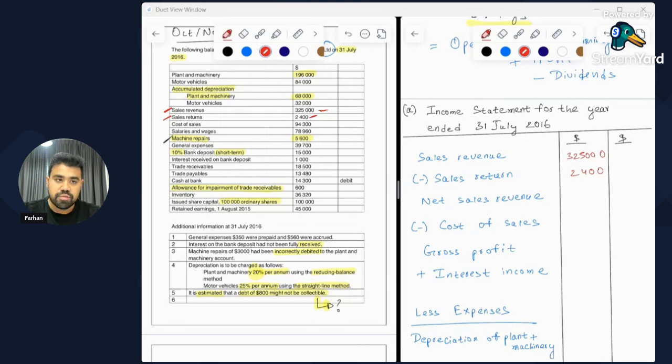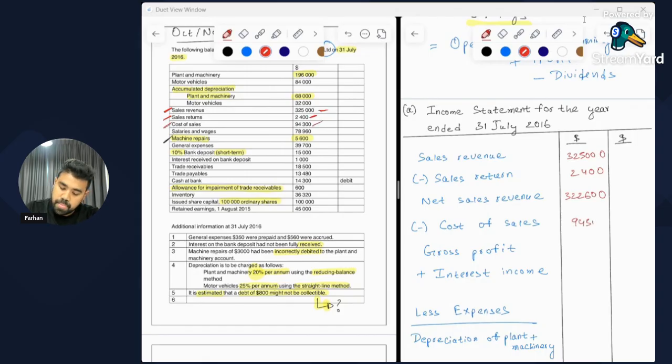So 325,000 minus 2,400 is 322,600. Now that you have your net sales revenue, the next thing we subtract is the cost of goods sold, or the cost of sales, which is given to us here as 94,300.